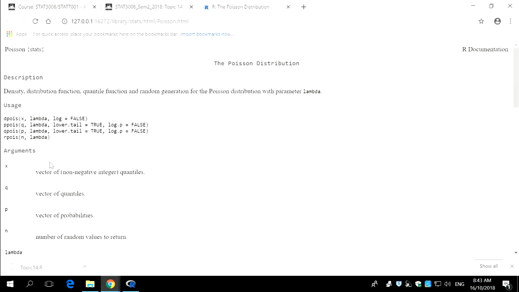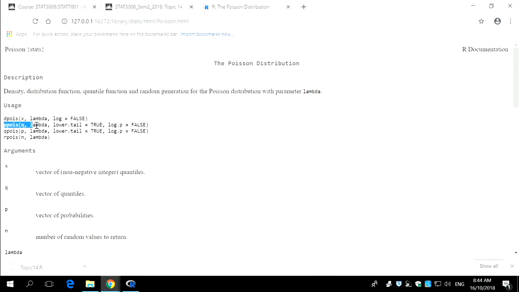Yeah, you can see here we can compute the probability. So the dpois here is the density, and this should be the probability, this should be the quantile, and this is the random variable. And I think in the Bootstrap topic, we are going to use rpois to generate the Poisson random variable.